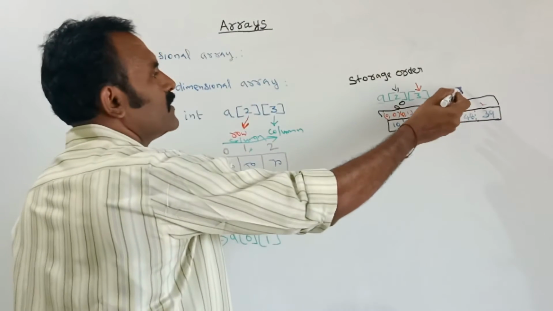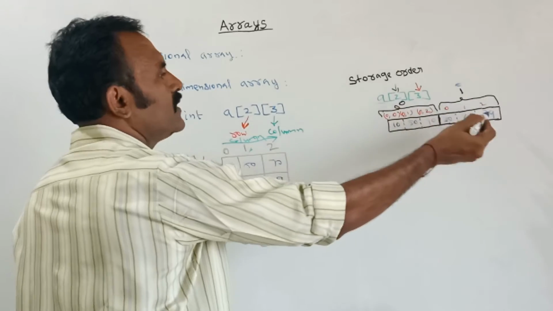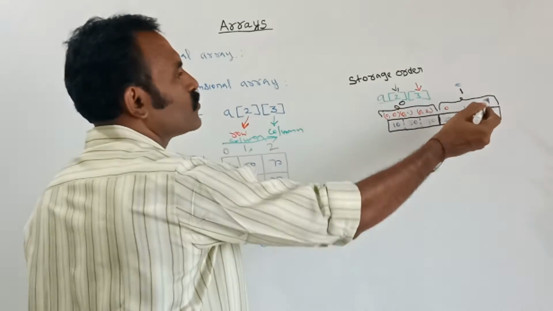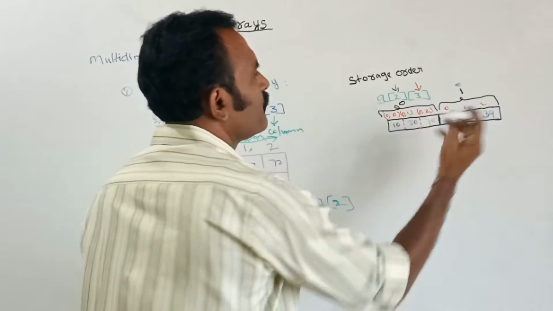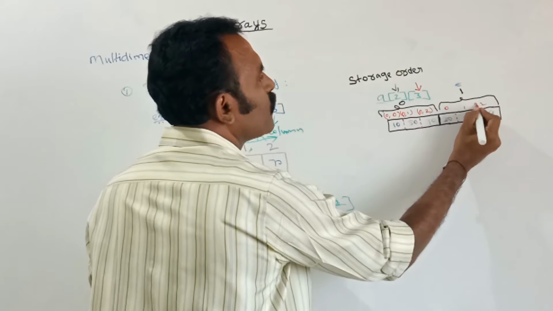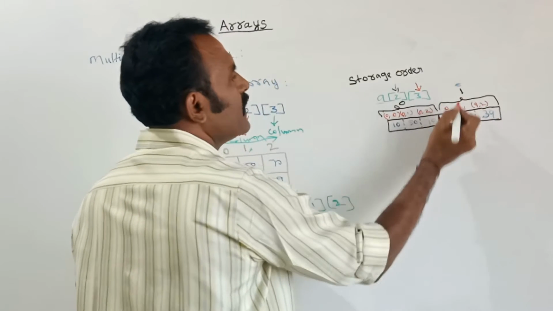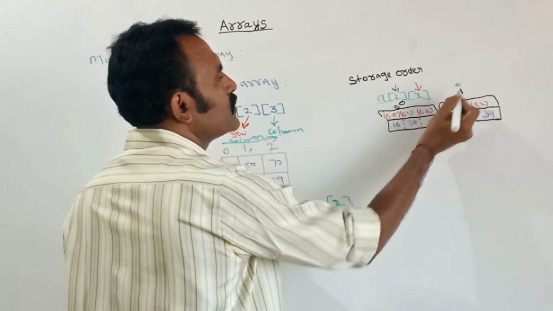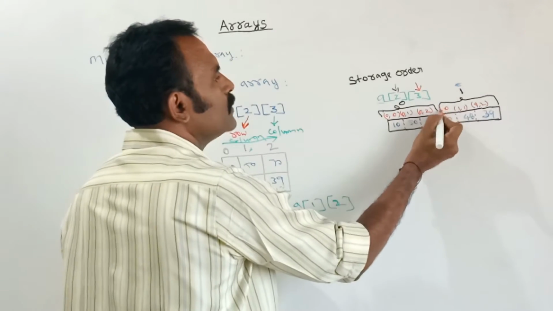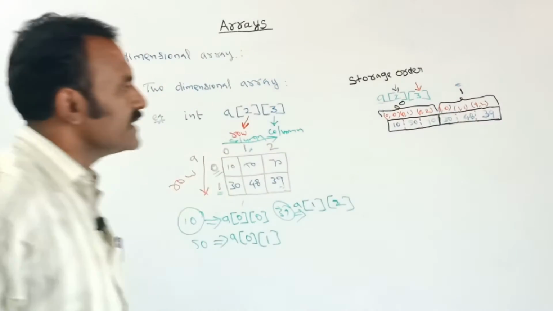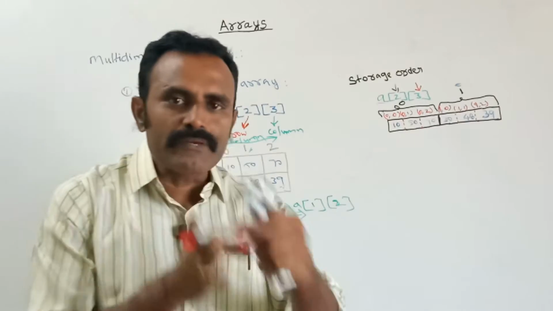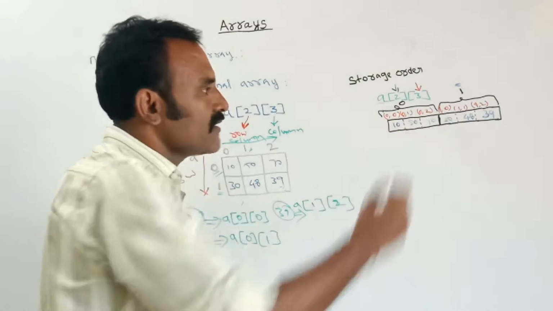That is, the first subscript value is 1 and the second subscript value is 2, so this one is 1, 2, this value is 1, 1, this one is 1, 0. So while storing these elements inside the memory, they will be stored in this order.